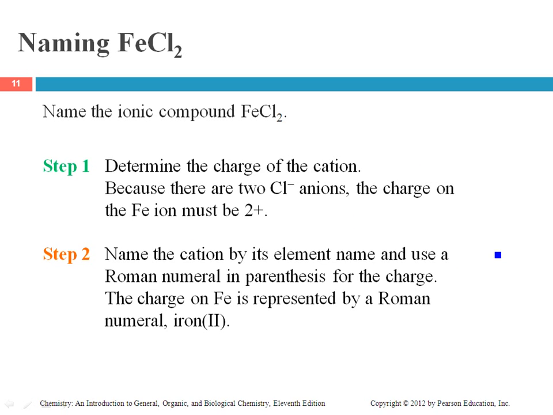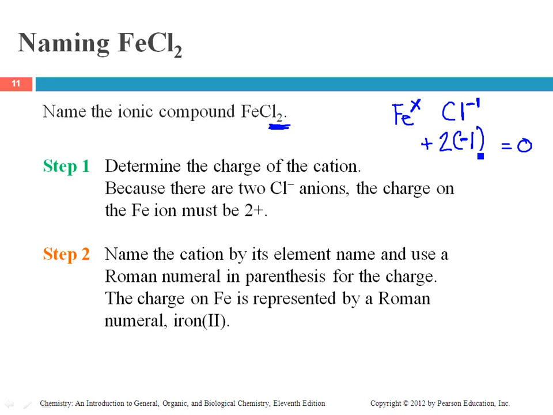So we have to first determine the charge of the cation. This is really the hardest part, because everything else is kind of repetitive. We don't know what our charge is here, but we know that chlorine is in group 7, so it has a -1 charge, and we know that we have to equal 0, and we know from our formula that we have 2 chlorine atoms with a -1 charge, and we need our charges to balance.